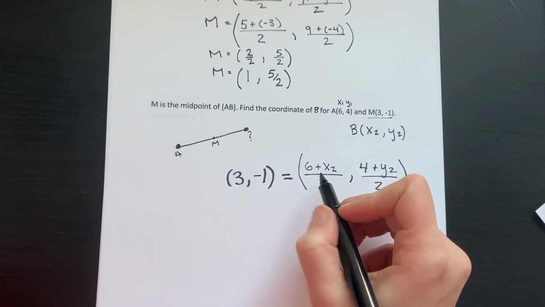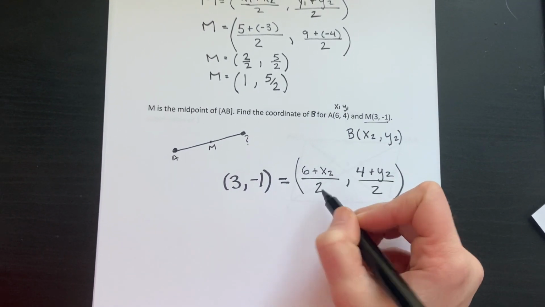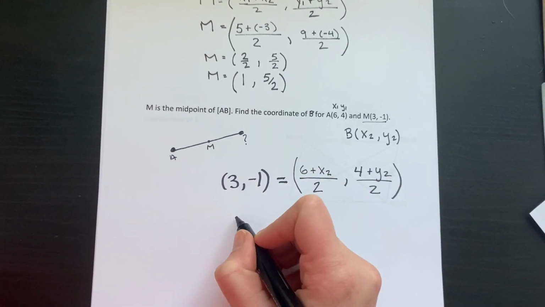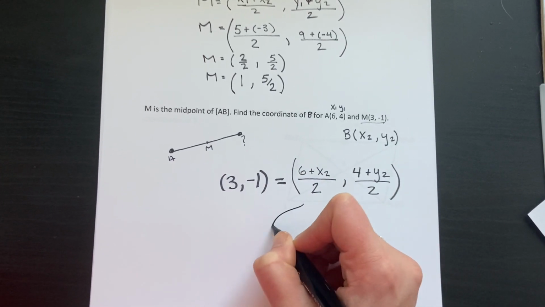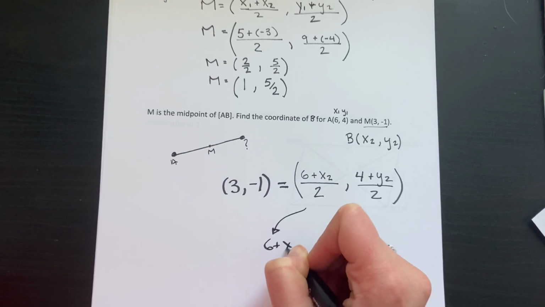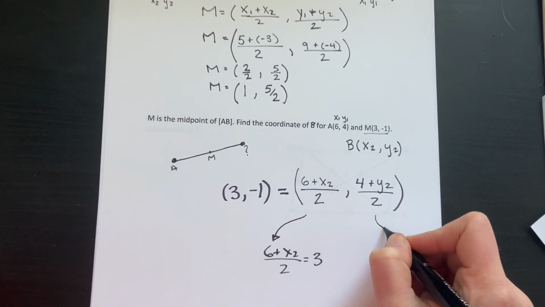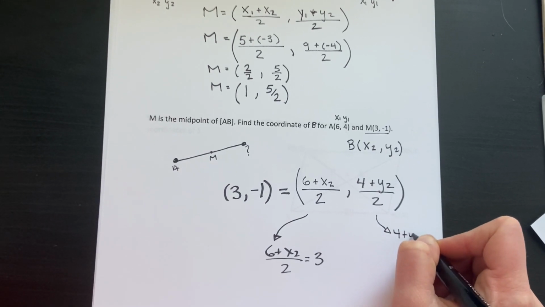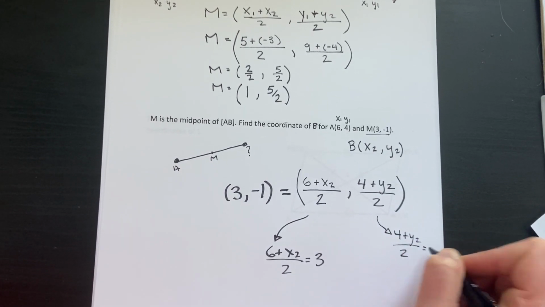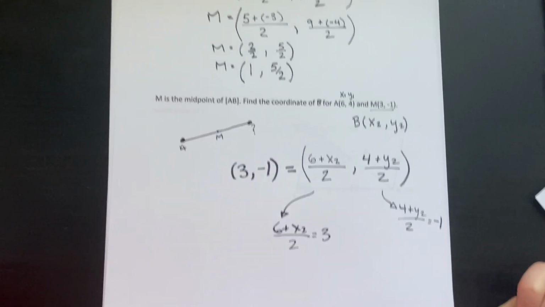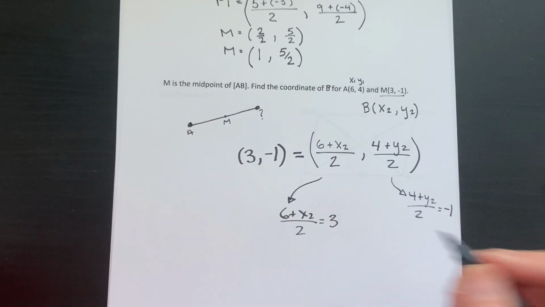Okay, so I could split these up individually. I know that whatever x coordinate I get here has to equal 3. So I know that 6 plus x2 divided by 2 equals 3. And I know that 4 plus y2 over 2 equals -1. I'm just going to solve those individually for x2 and y2.